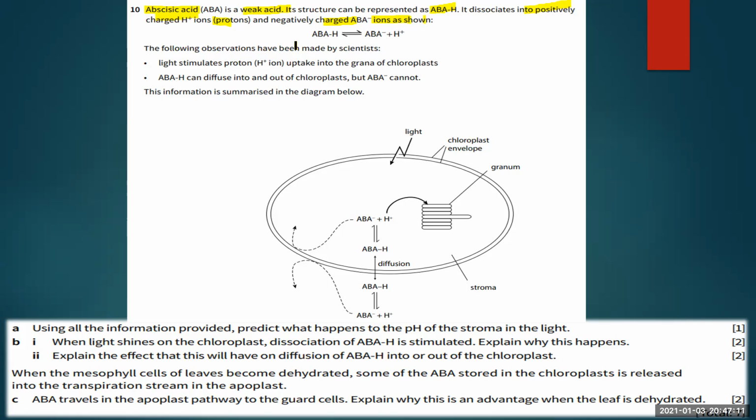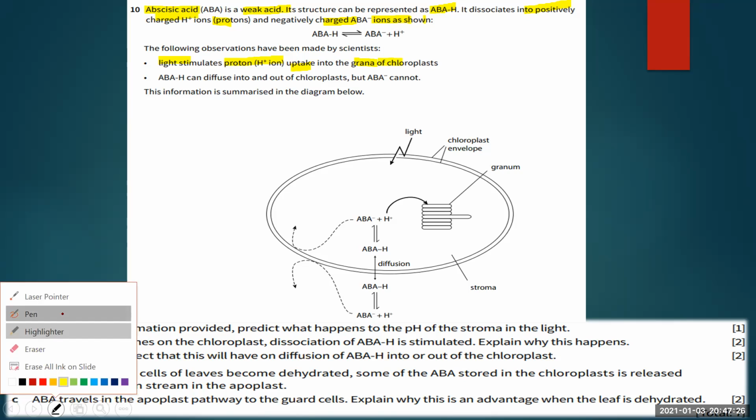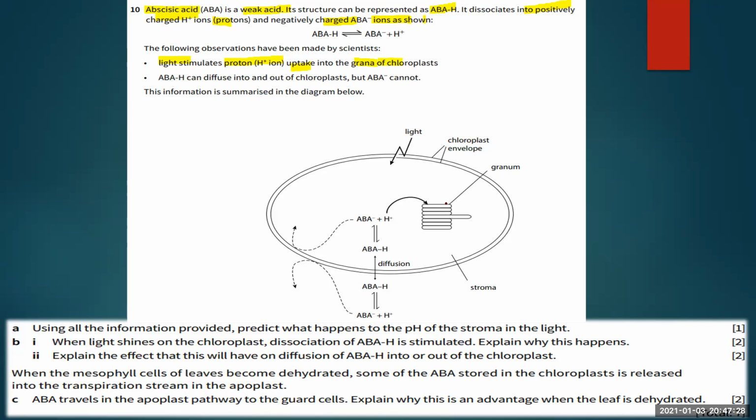So the following observations have been made by the scientist. So this is the first observation. Light stimulates a proton or hydrogen ion uptake into the grana of the chloroplast, right? So we know that there are chloroplasts there in the guard cell. So if you see here, this is what they're saying, light stimulates proton uptake, right?